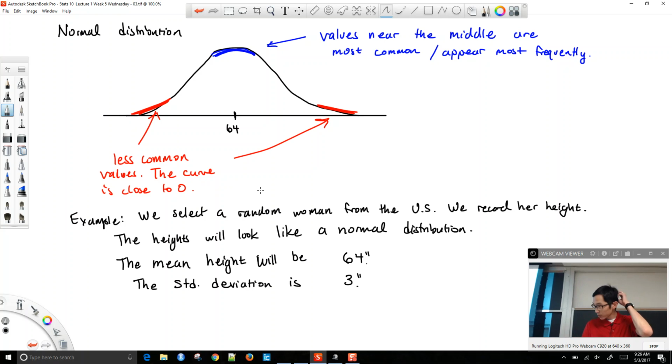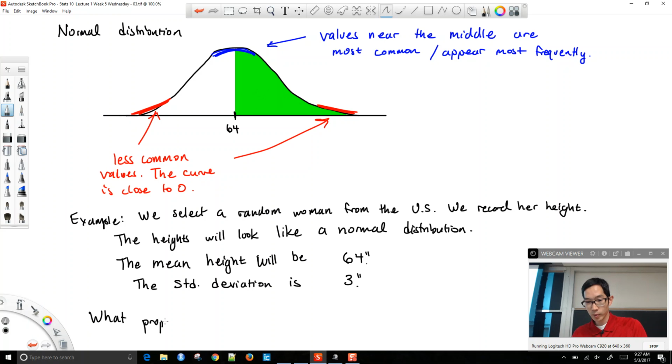So with the normal distribution, if the mean is 64 and I want to know what proportion of women are taller than 64 inches, you would tell me what? If I draw a vertical line at 64 and ask what proportion are taller than 64, you would say 0.5, right? Not a trick question.